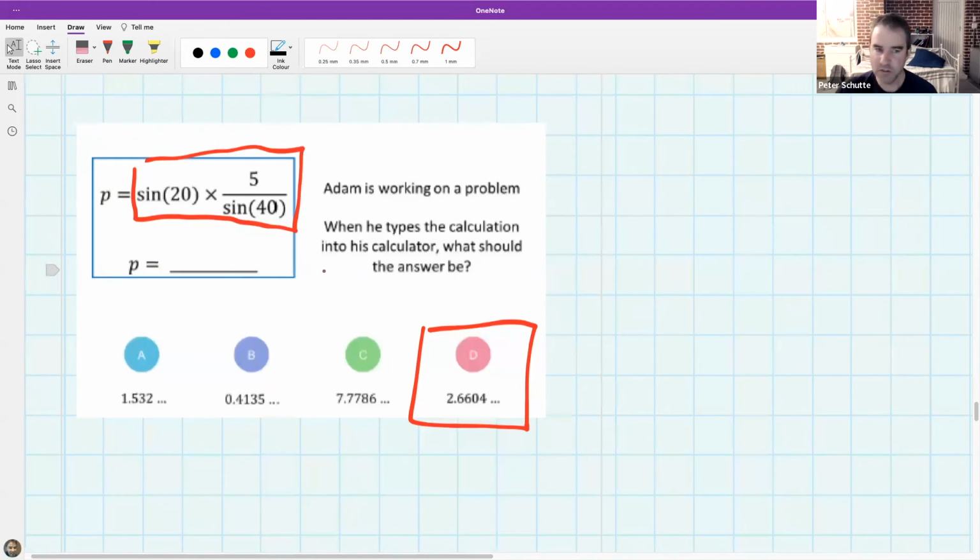What this really means is that the sine 20 and 5 are being multiplied together. You can always think of it as being over 1 if you want, but essentially the top line in yellow is being multiplied, and then you divide by the sine of 40. That mistake happens with students from time to time.